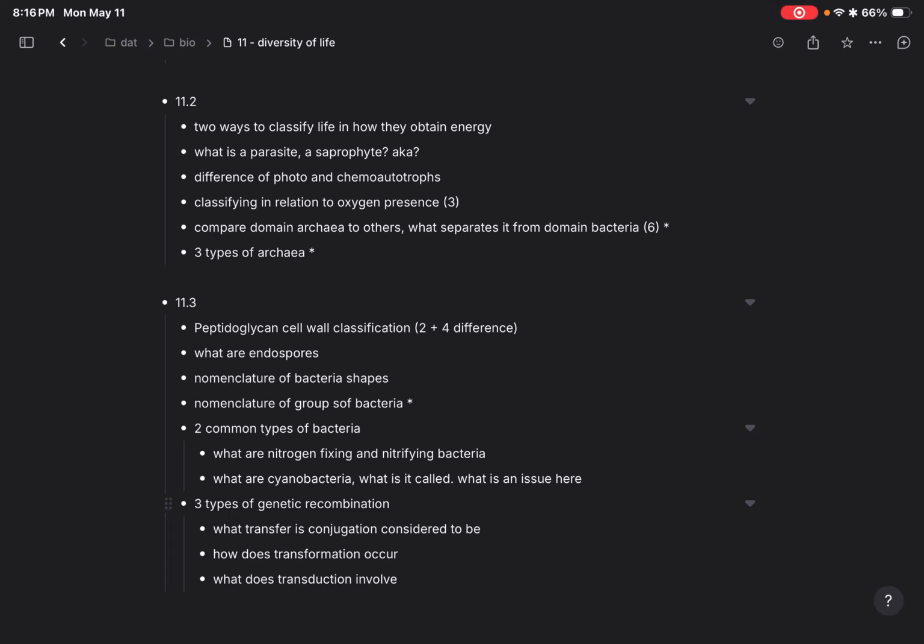What are we talking about? Fungi. Oh, this is 11.8. I haven't even learned about this. Gonorrhea. Thermophiles, halophiles, obligate, facultative. I'm locked in. I need to learn this. Let me just look on these.